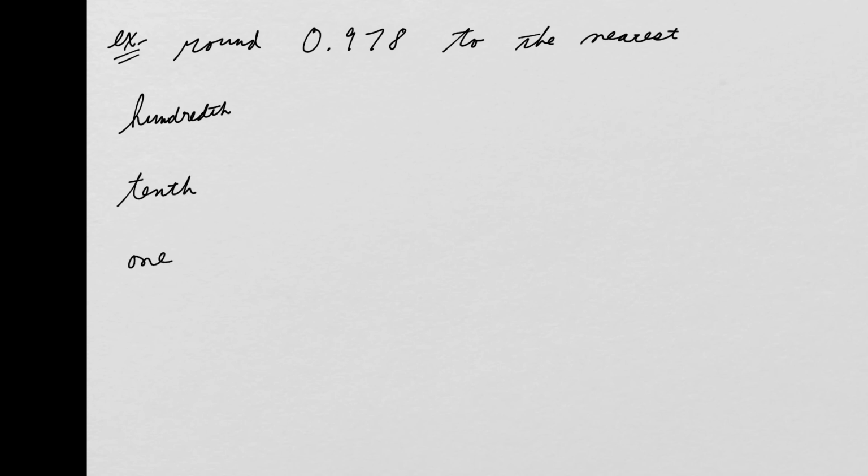So let's do nearest hundredth first. So I have 0.978. What digit is in the hundredths place? Well, that's the 7. I look to the right, since it's 5 or greater, that 7 has to go up to an 8. So this is going to be, I'll write approximately, because it's rounded now, 0.98. Right, so that 7 goes up to 8, everything else drops off.